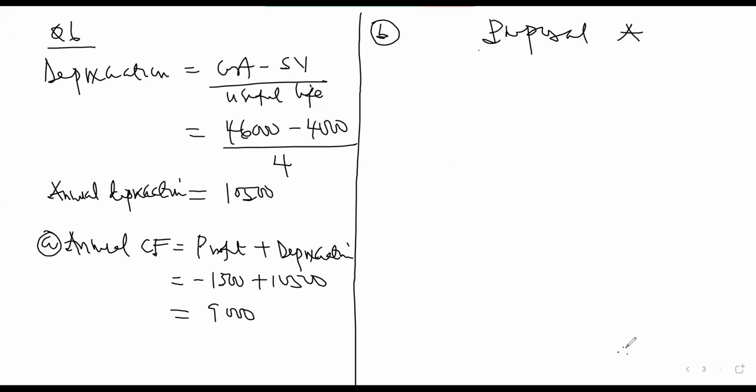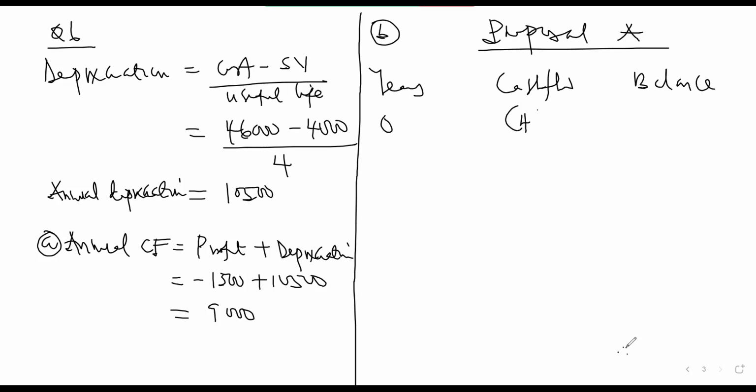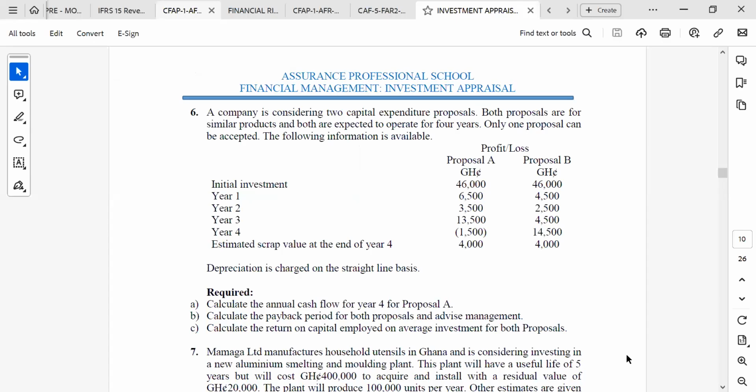So let's come to proposal A. We are going to be having the years, the cash flow, and the balance. Okay, so we have year 0, which is now. How much is the cost? How much are we spending? It's 46,000. Okay. Year 1, what will be the cash flow for year 1, proposal A? 17,000.